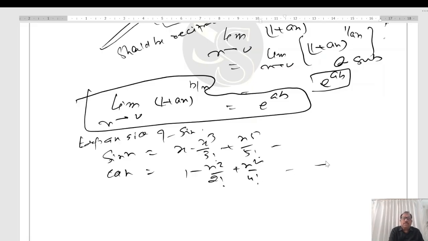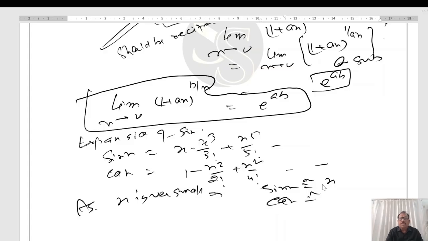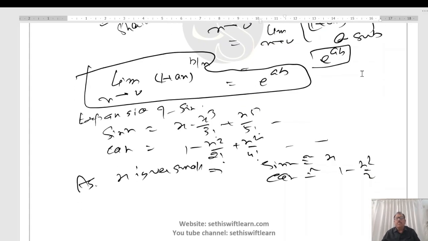Now as x is very small, therefore sin x can be approximated with x and cos x can be represented as 1 minus x square by 2. Now question is solved, very simple.